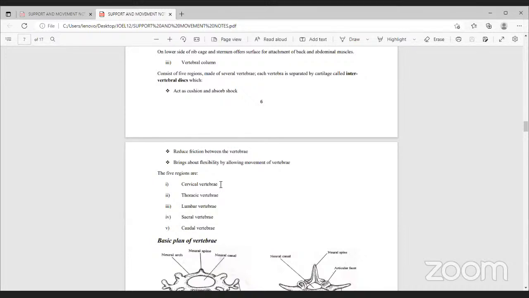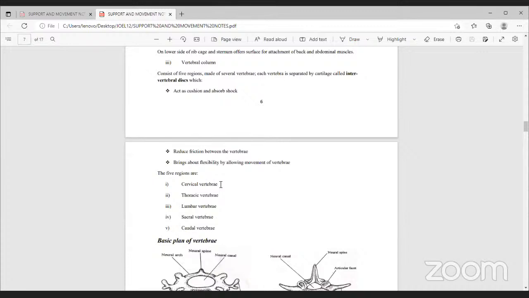Then we have the thoracic vertebrae. So when you talk about the thoracic vertebrae, these are bones that are found at the back, basically where we call the thoracic region, just behind the chest. In fact, if somebody asks you where the thoracic vertebrae are, you just need to say in the thoracic region or the chest region.